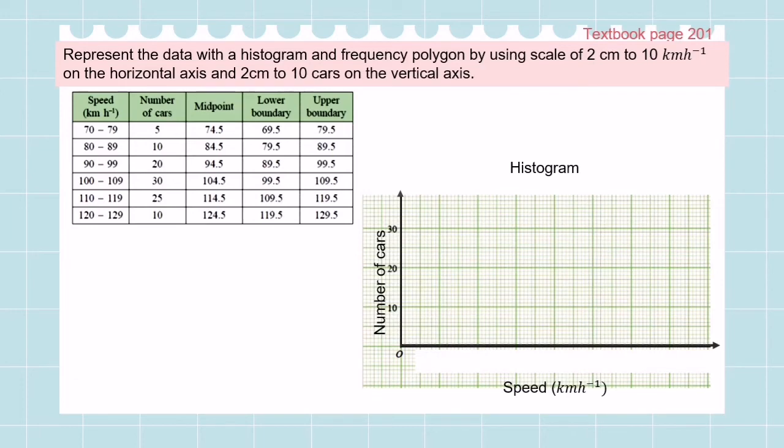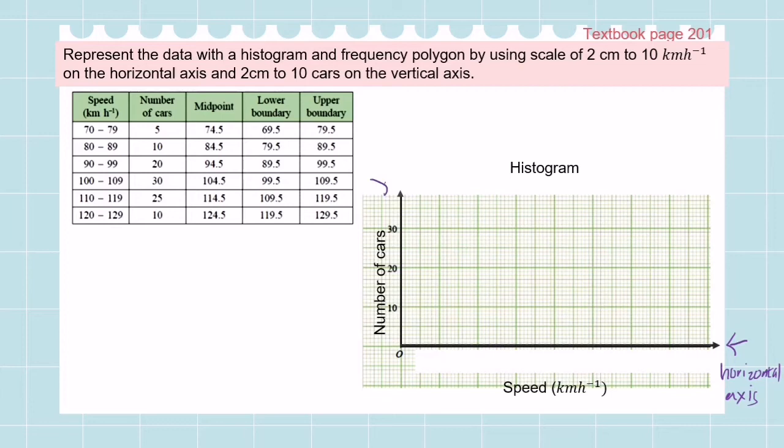Okay, so now we need to represent the data with a histogram and frequency polygon by using a scale of 2 cm to 10 km per hour on the horizontal axis. First you must know where the horizontal axis is. This one we call the horizontal axis.